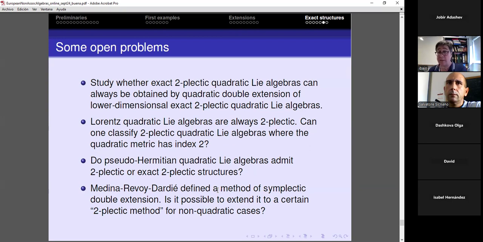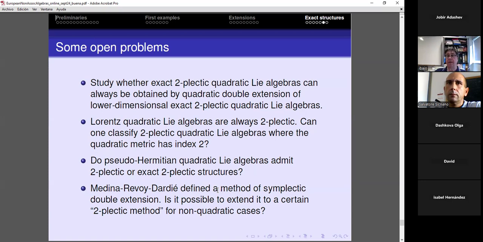And okay, yes, another thing that I had also mentioned before is that Medina, Revoy and Dardié defined a method which was similar to the method of quadratic double extension, but for symplectic Lie algebras, and it was the method of symplectic double extension. Maybe we could see that symplectic double extension can be used to give some description of the symplectic and two-plectic cases.